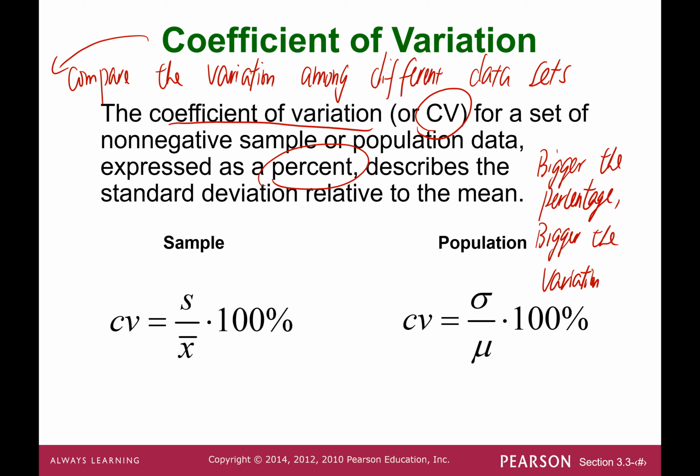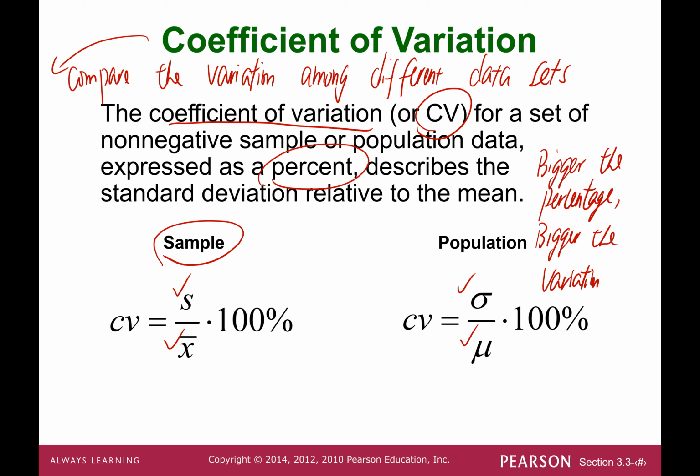We get the coefficient of variation for the sample using the sample standard deviation over the sample mean times 100%. So it's like the ratio of the standard deviation to the mean. And then the population coefficient of variation equals the population standard deviation over the population mean times 100%.